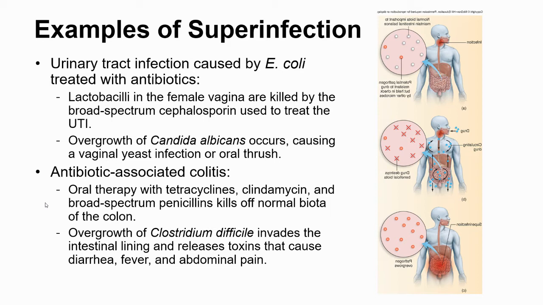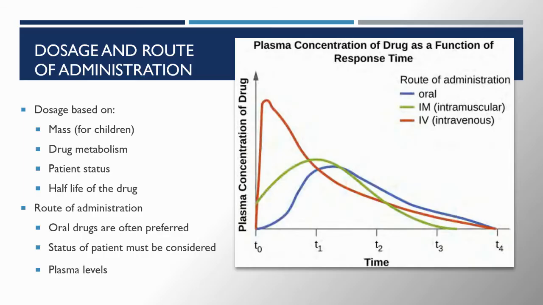And this bacteria releases toxins and causes horrible symptoms: gastroenteritis, diarrhea, fever, abdominal pain, and they're very difficult to eliminate. So those are some common superinfections where treating whatever was causing the initial infection ends up causing a superinfection of a secondary pathogen.